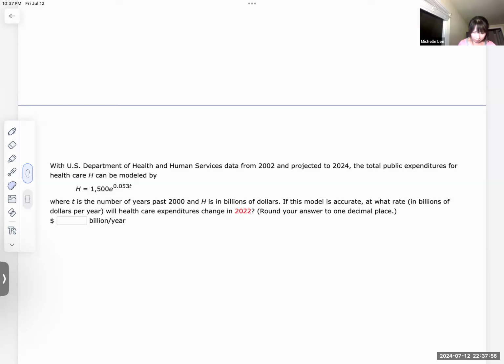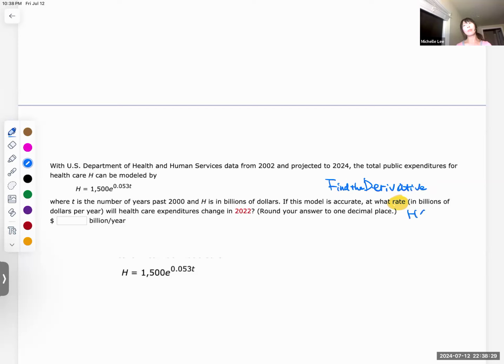the function. They said at what rate, right? That means we want to find the derivative, which is h prime.